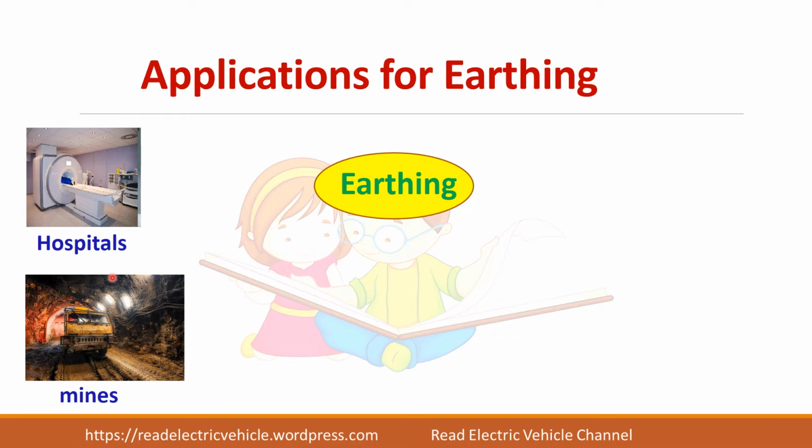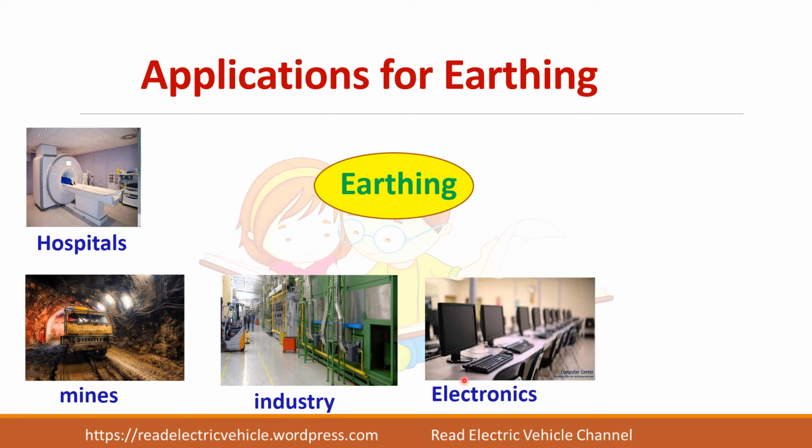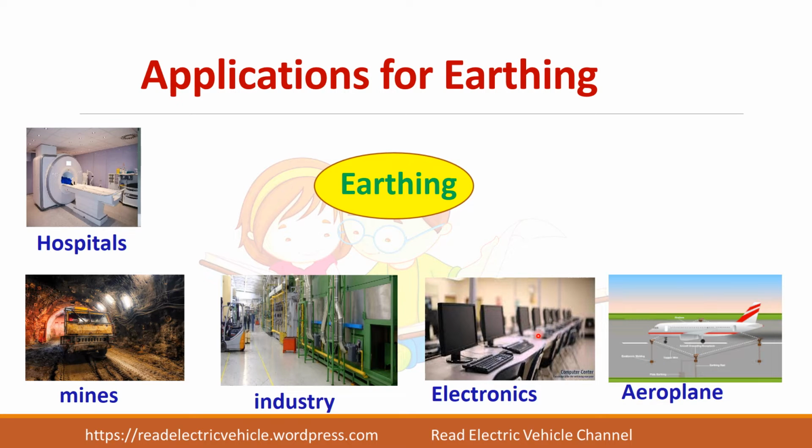In mines, we are digging under the ground, so the type of earthing will be different. And in industries, we are operating at very high voltage. If you have an electronic industry, then the electromagnetic interference effect should be taken into consideration.